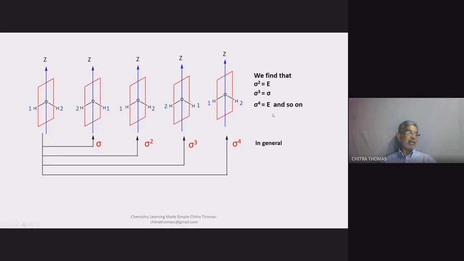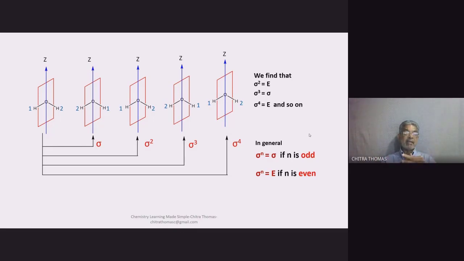In general, sigma to the power n is sigma if n is odd. Sigma to the power n is identity if n is even. E can generate only one operation.